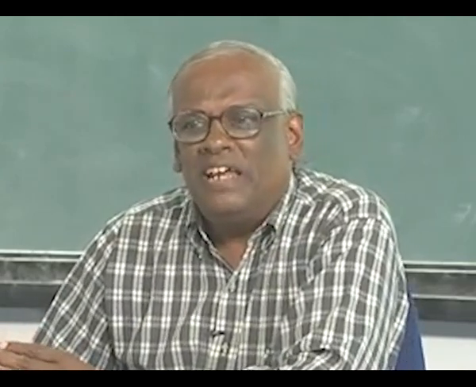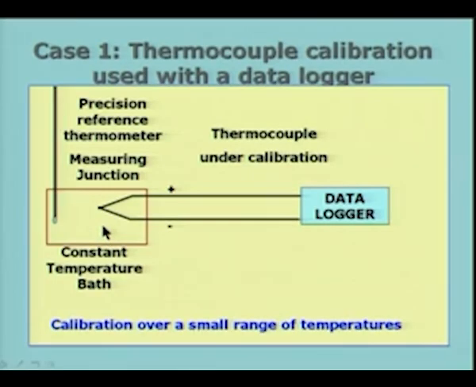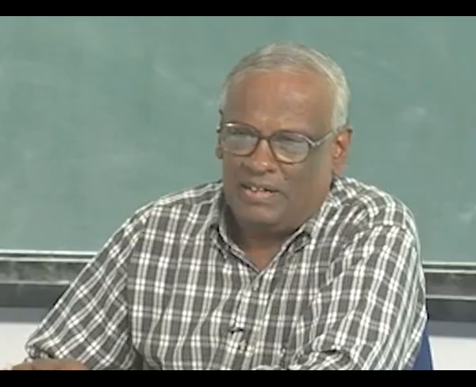So, 2 or 3 different temperatures can be used in the constant temperature bath, and corresponding values of the temperature indicated by the precision reference thermometer can be assigned to a particular thermocouple output in terms of millivolts or microvolts. So, I will just say there is a correspondence between the output of the thermocouple, which is of course going to be measured by the data logger, and the value indicated by the precision reference thermometer.